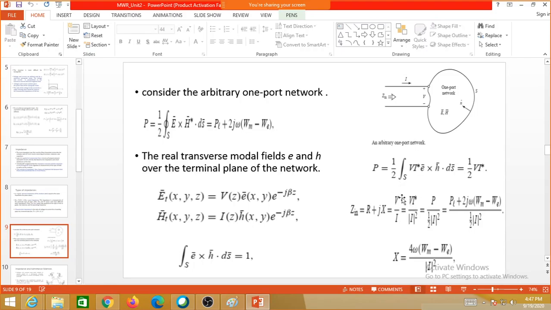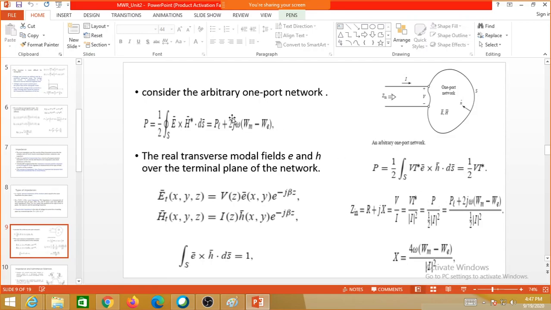Multiply both numerator and denominator by I, the complex conjugate, and taking the magnitude gives I square. So we can write this as P by half over I square, since V into I star becomes P by half.